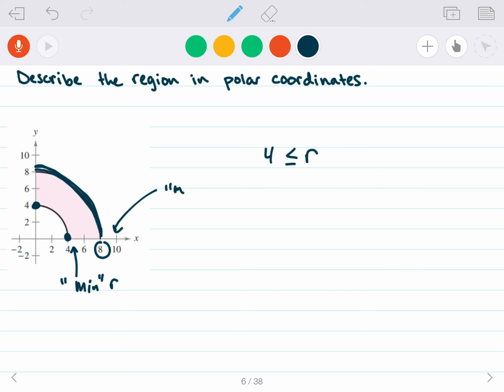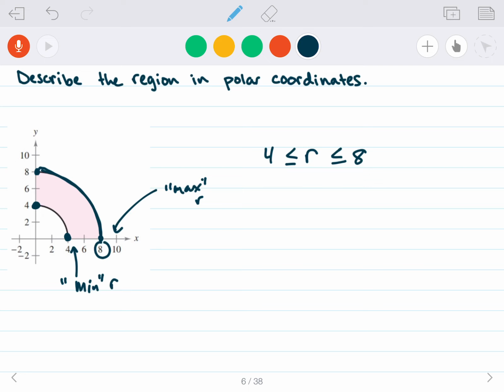So this is our max radius. So we're going from r equals 4 to r equals 8. We can describe a point in this pink region with radius between 4 and 8. That's our upper bound there.